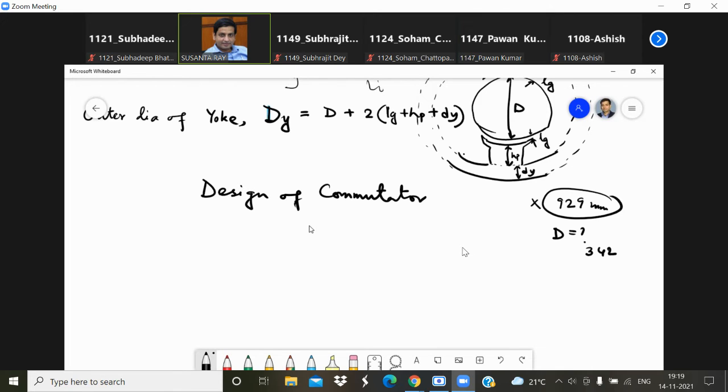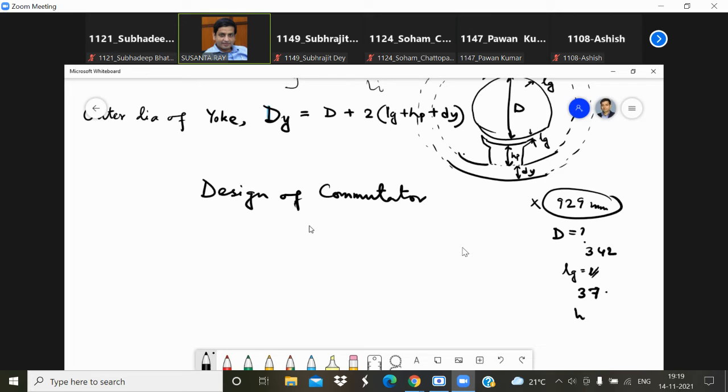37. Yeah, air gap length is 1 millimeter, isn't it? What will the air gap be? Air gap maximum 2 millimeter, 3 millimeter, 1 millimeter. Yes, sir. Sir, depth was coming as 37 point something.